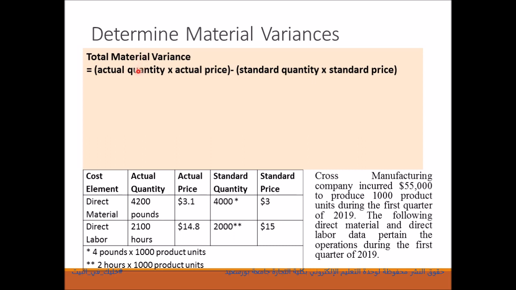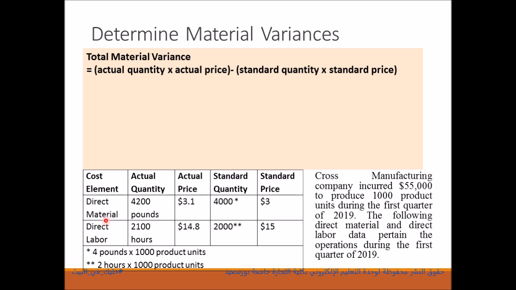Let's start with analyzing material variance. Material variance can be obtained by subtracting standard cost from actual cost. Actual cost can be obtained by multiplying actual quantity by actual price, and the standard cost can be obtained by multiplying standard quantity by standard price.